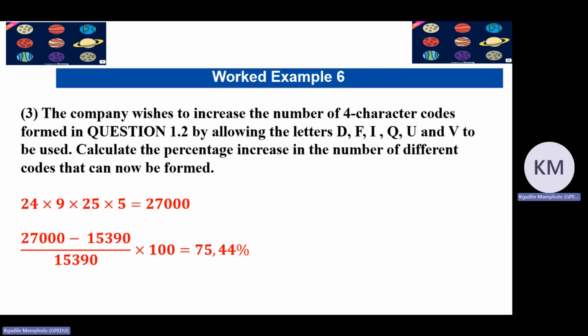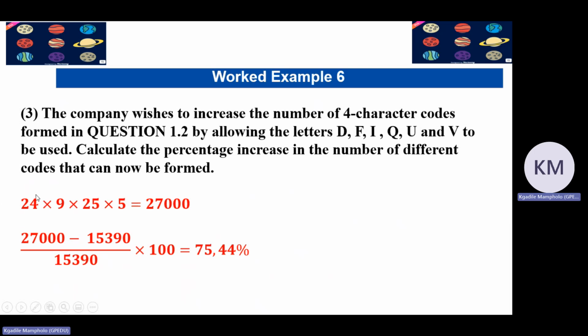First, we are going to say now if we are using these letters now, but excluding W and Z at the beginning. Remember, W and Z cannot be used at the beginning, but now you can use these 6. Then it means at the beginning we can have 24.